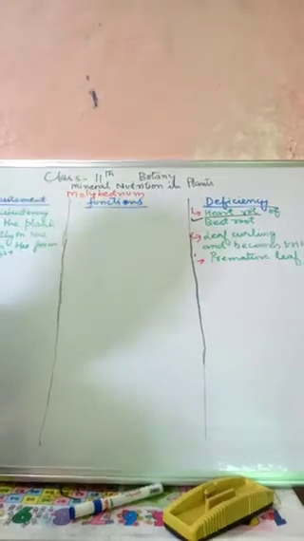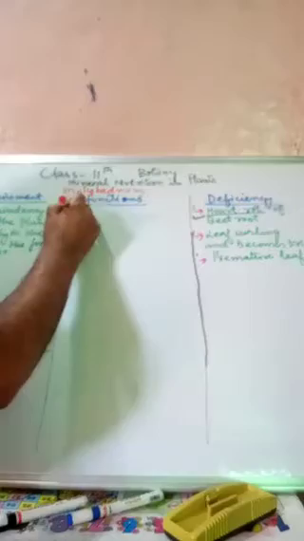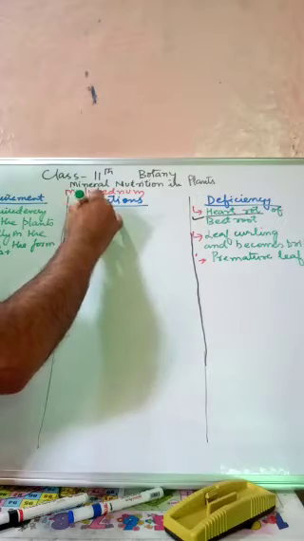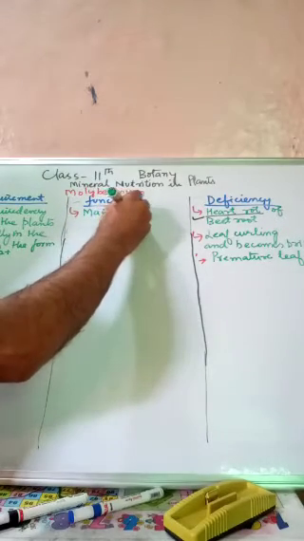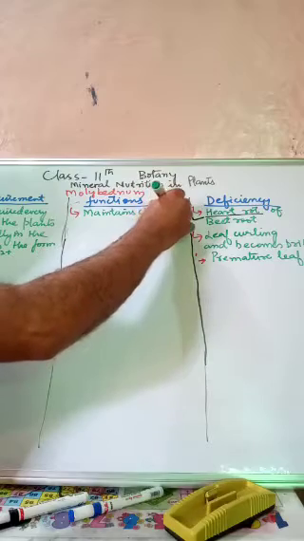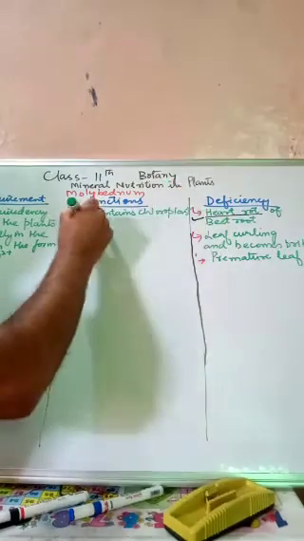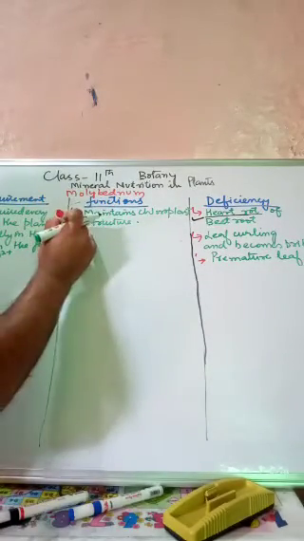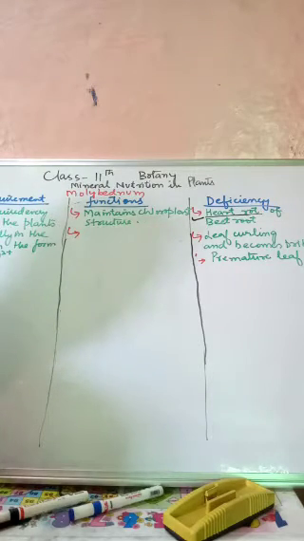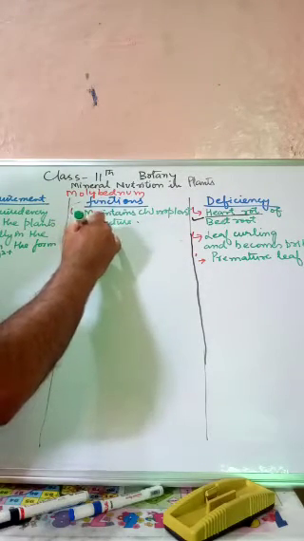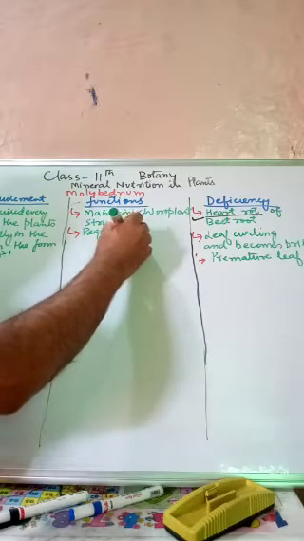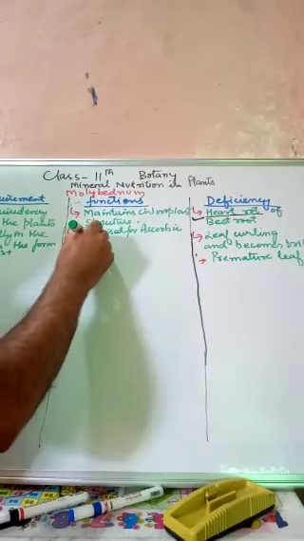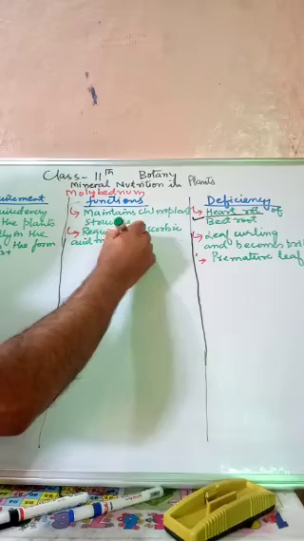The first important function is, it maintains chloroplast structure. ये इसकी इंपॉर्टेंट एक है, chloroplast structure. Second, it is required for ascorbic acid metabolism, that is vitamin C.